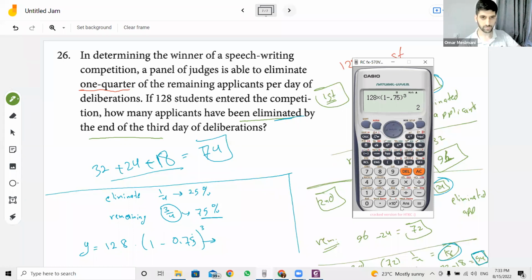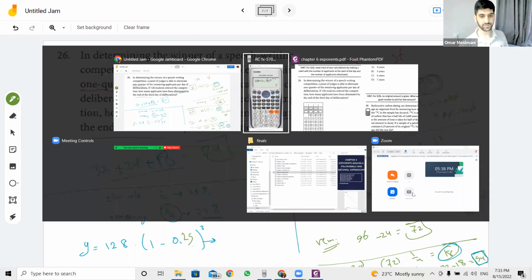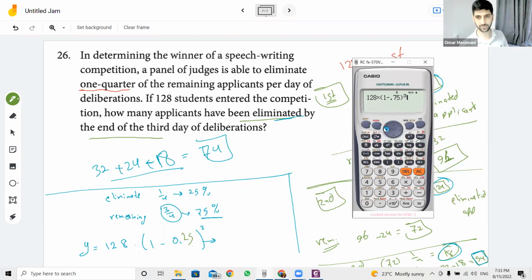Mister, we should put 0.25 instead, because we are looking for the eliminated, not the 0.75. Yes, 0.25. So just use 0.25. Press equal, you get 54.